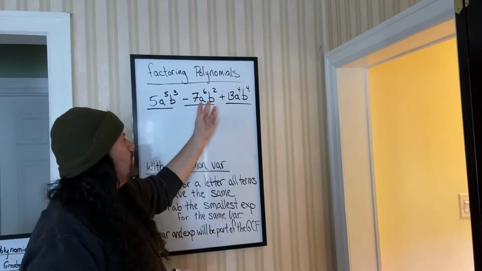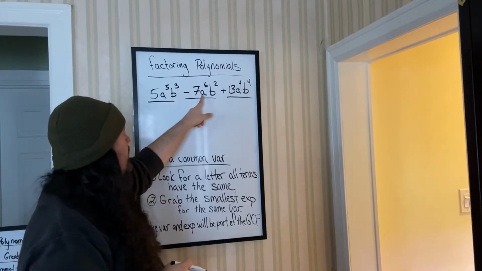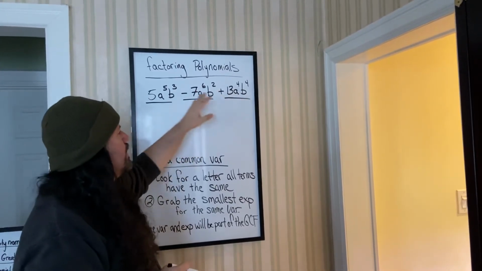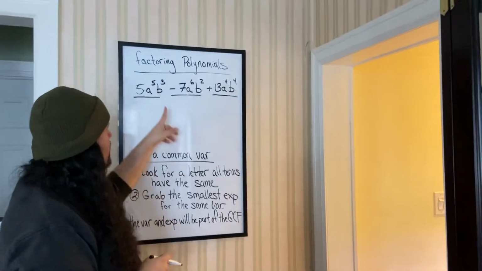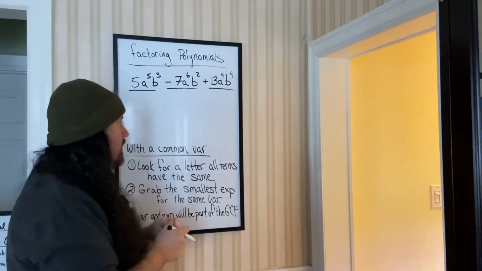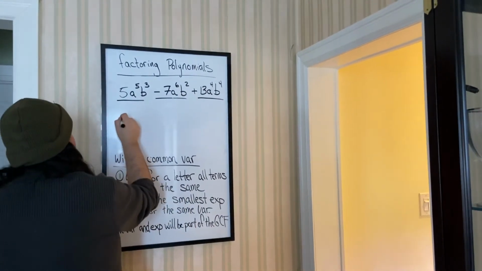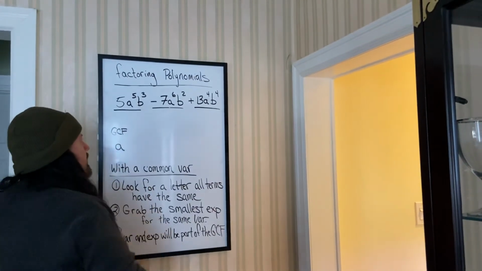You can see all the variable parts are different. What I'm going to look for is just that, do they all have the letter A? Or do they all have the letter B? If so, then you know you have a GCF for letters. Notice we have 5 A's here, 6 A's here, 4 A's here. So we definitely have a GCF. And that GCF for letters is A.